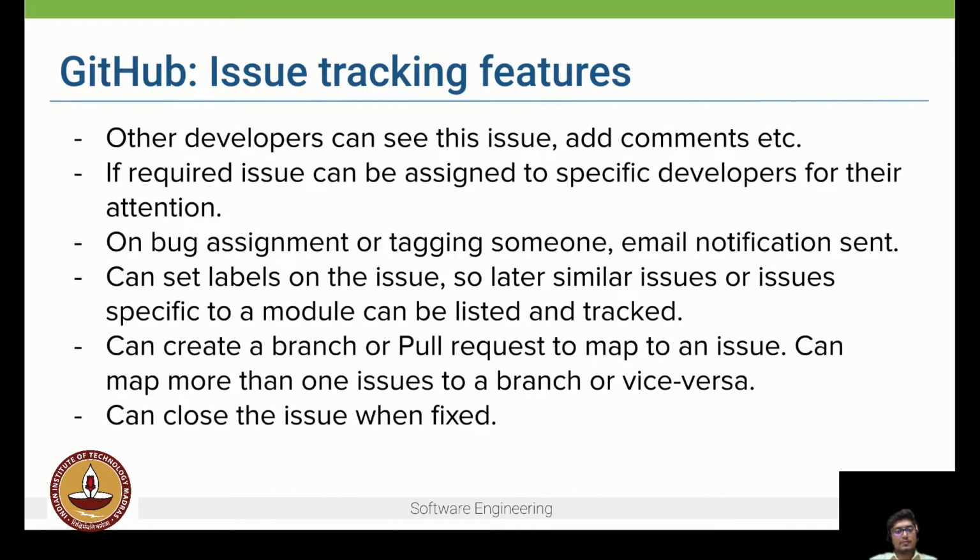You can create a branch or pull request to map an issue to the pull request. You can map more than one issue to a branch or vice versa. That is also possible. Now how these things will help, we'll see now.